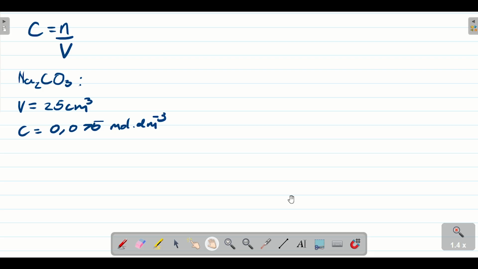So now we can get the number of moles, making the moles the subject of the formula. We get n equals CV, so multiply V on both sides. Substitute the values, we get 0.075 multiplied by 25.